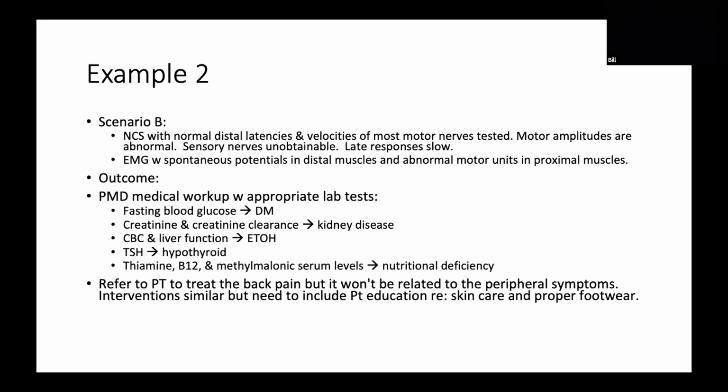So you wouldn't have gone into the foot to find out if there's some small nerve issues? I did check an EMG of a foot muscle, and that was the muscle that did have those spontaneous potentials. The abductor hallucis and the EDB were the ones that had the more acute findings. But to rule in tarsal tunnel in the case of a polyneuropathy, what about the sensory nerves as well?